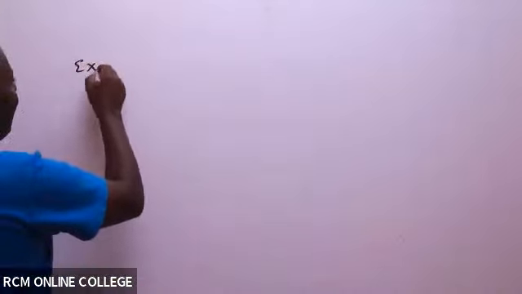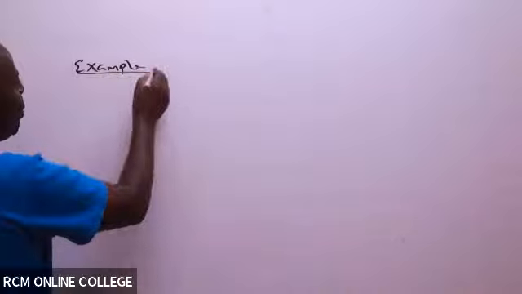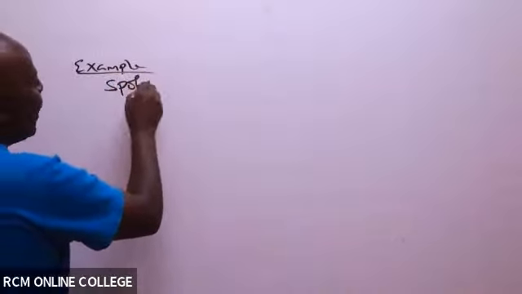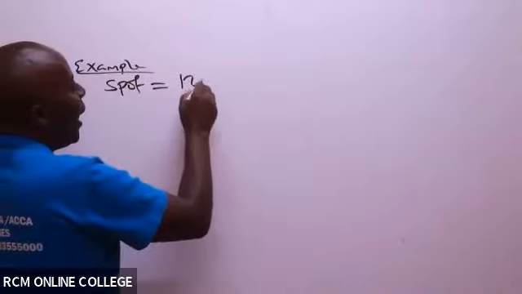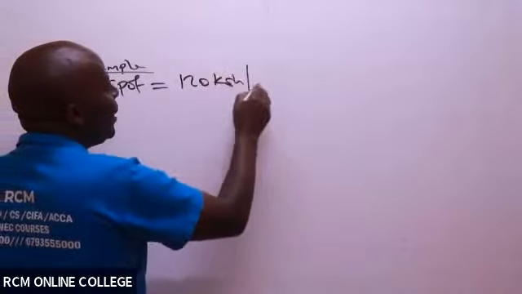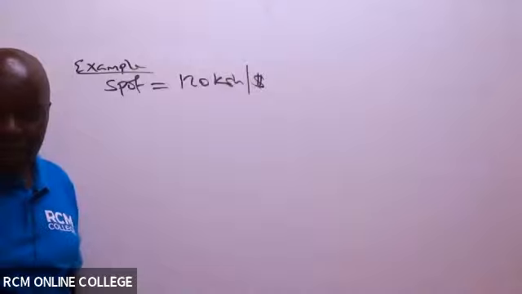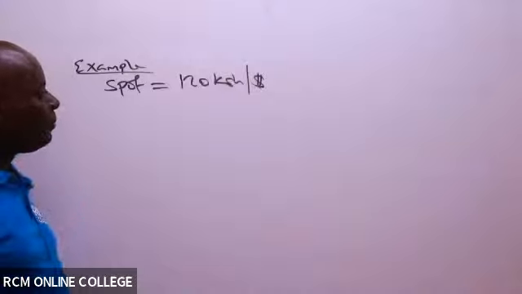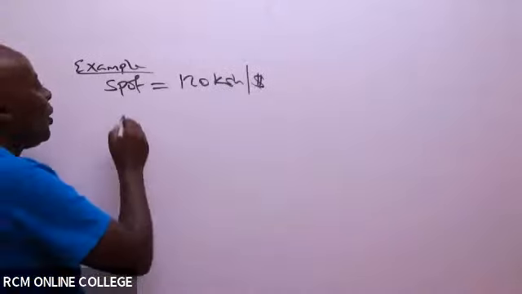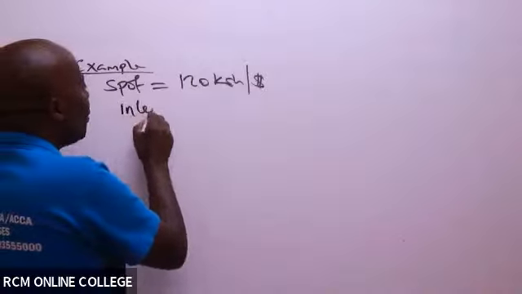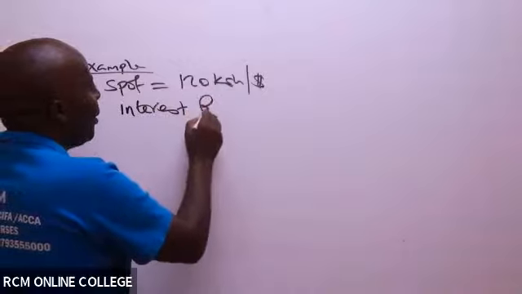All right. So example. We have a situation where the spot has been given to us as 120 Kenya shillings per dollar. That is spot. In this case, they have given us interest rates.